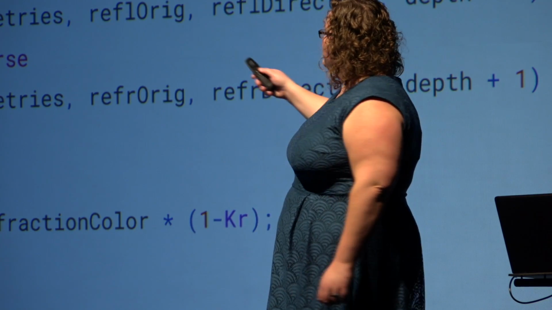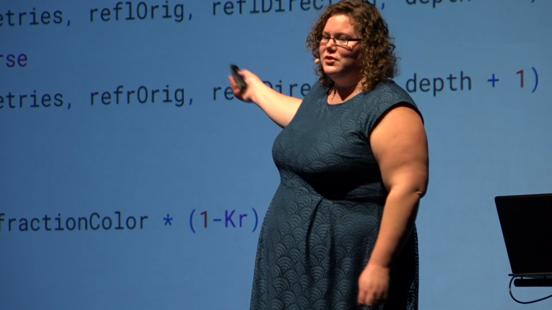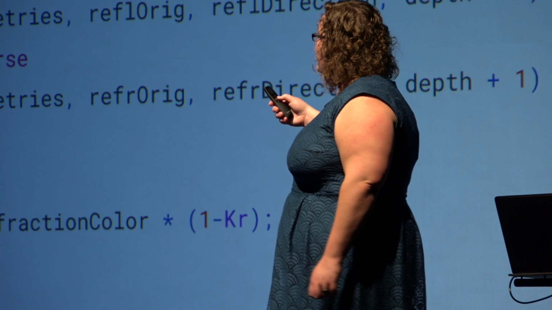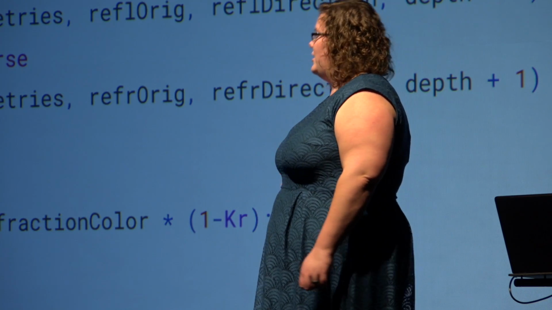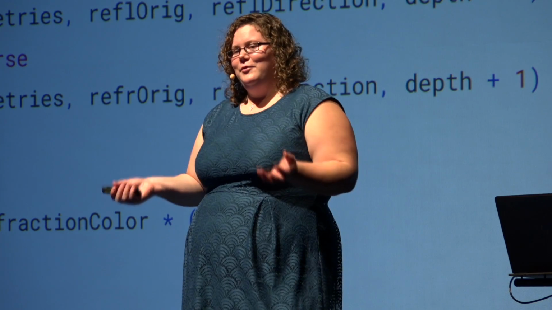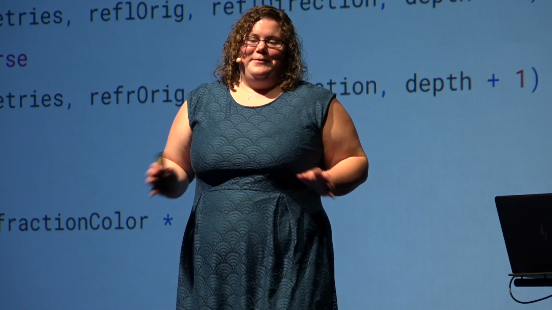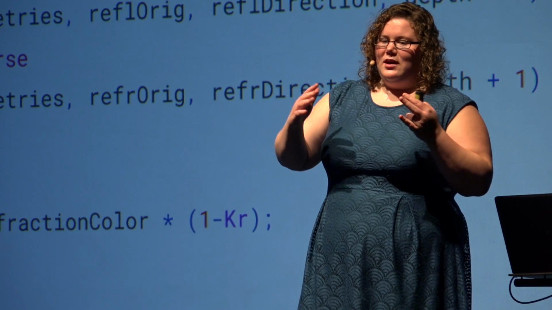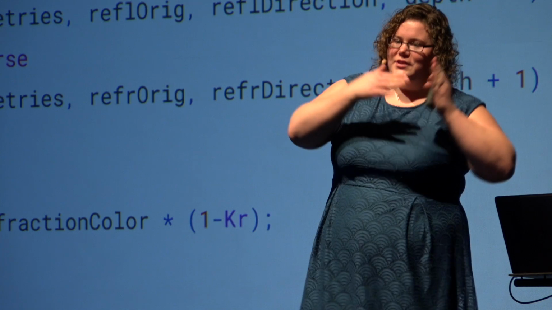So yeah, we're going to do a recursion for each. We're going to do a reflection recursion, and we're going to compute the refraction recursion. And in the end, we're going to put them together with Fresnel. And that's something I'm not going to explain. It's really cool, though, because it depends on where our surface normal is.